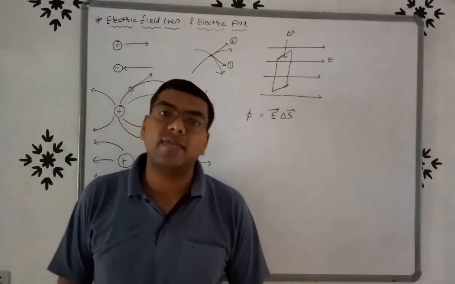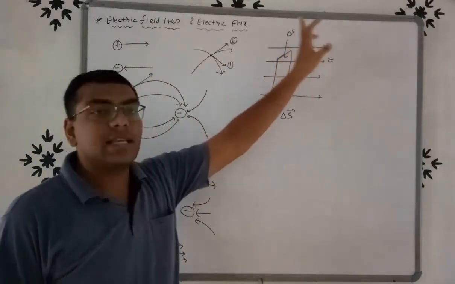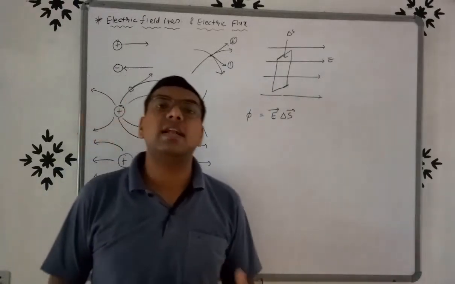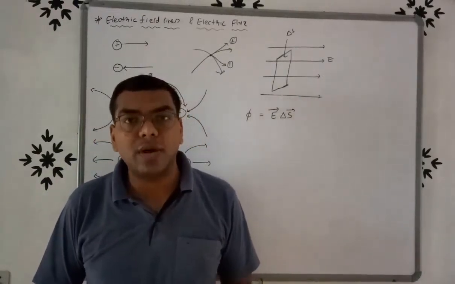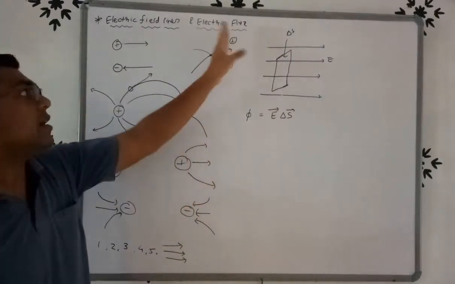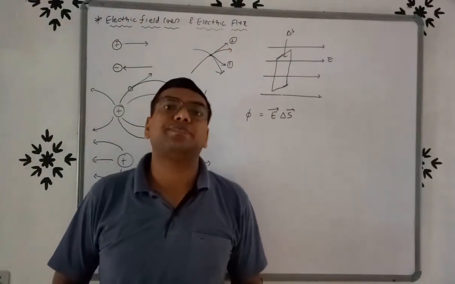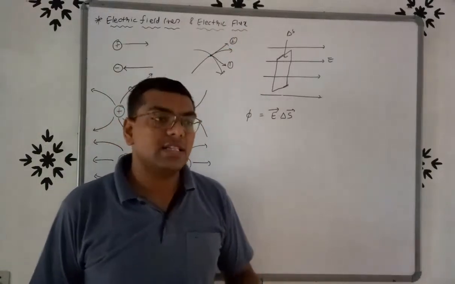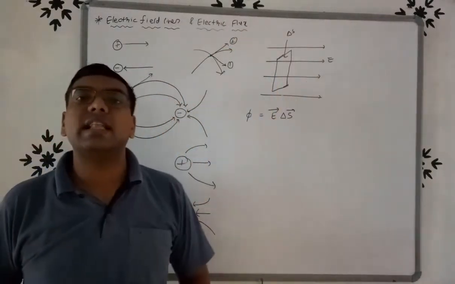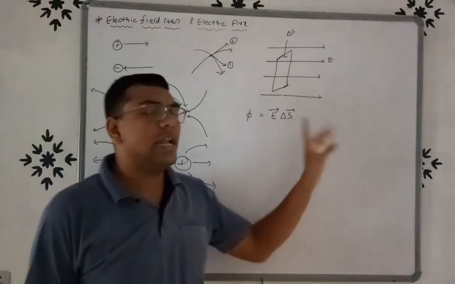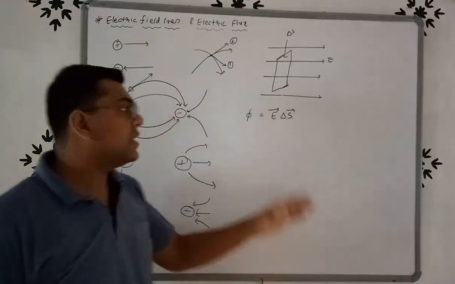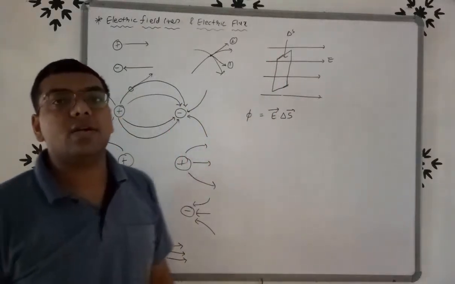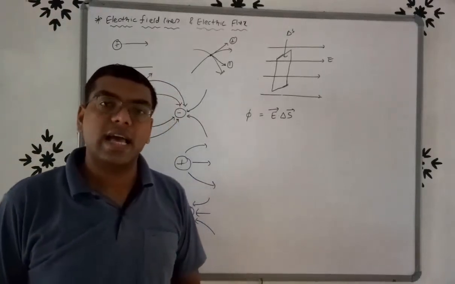So what is electric flux? Delta S area is placed normal to the electric field, then the number of field lines passing through it is known as the electric flux. Then next point, the number of electric field lines passing through it is directly proportional to E dot delta S. So we can say that flux phi is equal to vector E dot vector delta S.